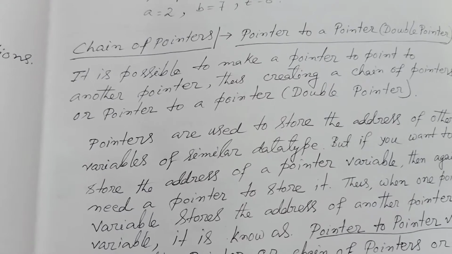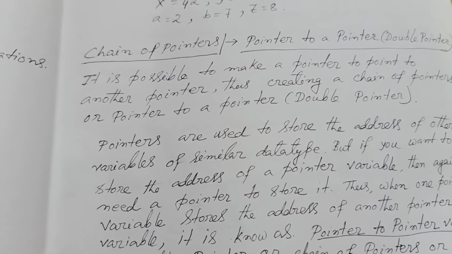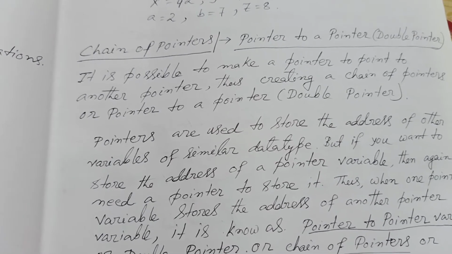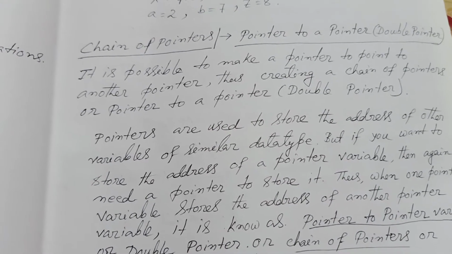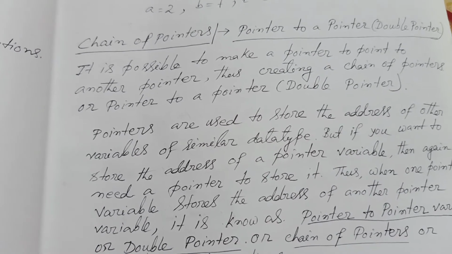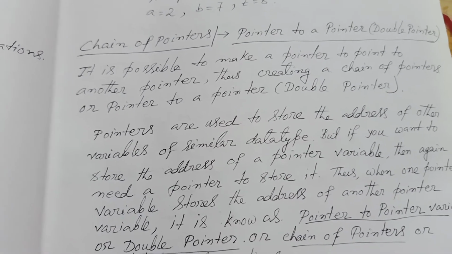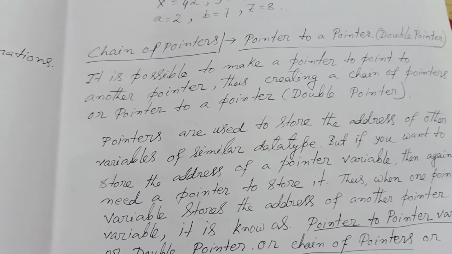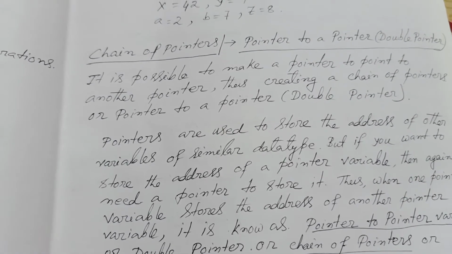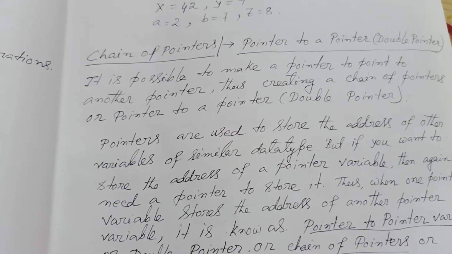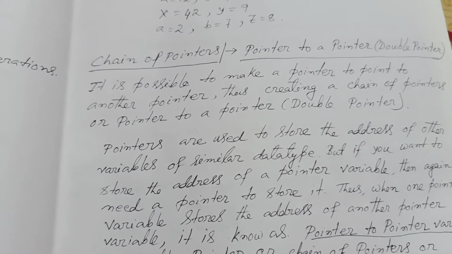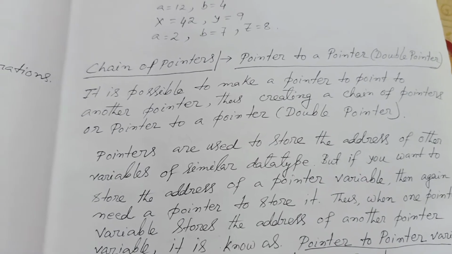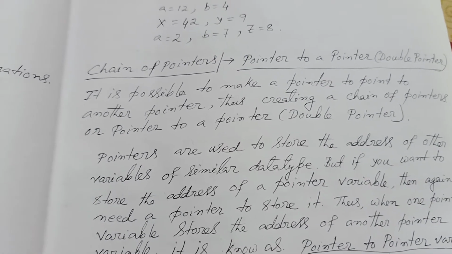The name itself defines that a number of pointer variables are used, and one pointer variable holds the address of another pointer variable, and that pointer variable also points to a variable. So this situation is called the chain of pointers or pointer to a pointer, or the double pointer.